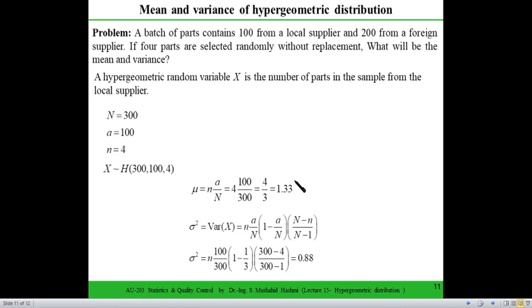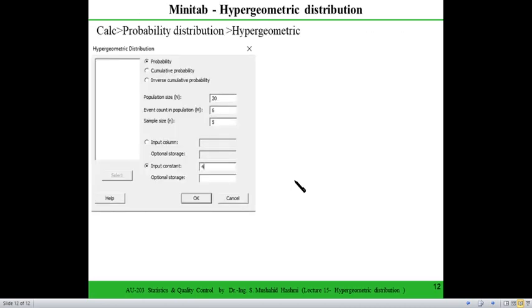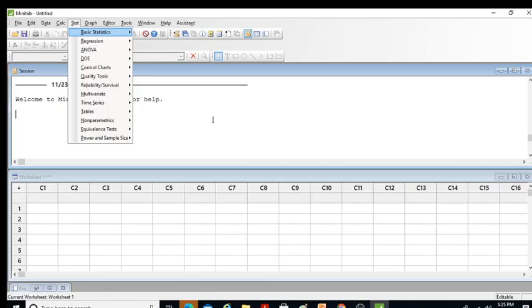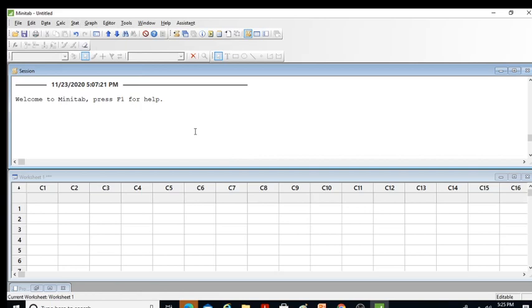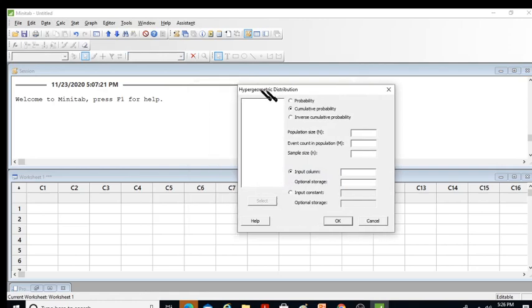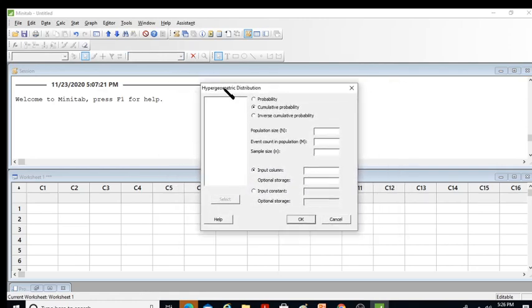The same thing we can do in Minitab, and that is what we will do. Let's see how we can calculate hypergeometric distribution probabilities using Minitab. I go to Calc, then Probability Distributions, and I can pick Hypergeometric. Once I pick it, I get this tab.